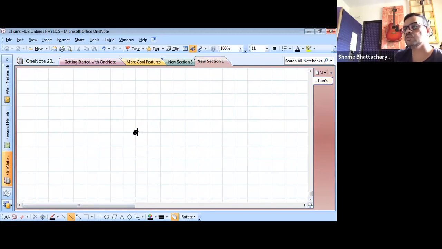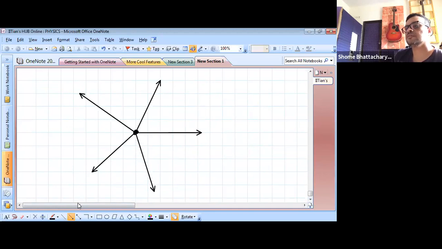All 5 of them are coplanar. So they are all lying in the plane of this, let's say 3, 4, 5. Now let's just assume that all 5 forces have the same magnitude and are coplanar.